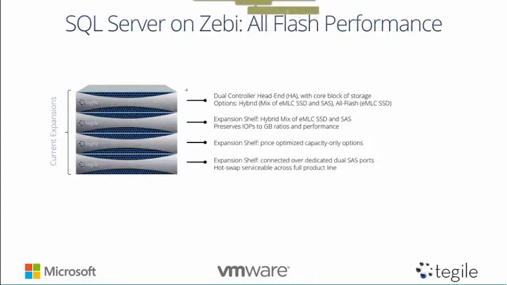So this is some of the information about how you can actually extend this, right? It's highly available, it's fault tolerant, everything is hot swap in the system, and you can start with all SSD shelves, or you can start with a controller that's already hybrid, meaning a mix of DRAM, flash, and spinning media. And you can always expand it with either hybrid, all SSD, or all spinning media only.